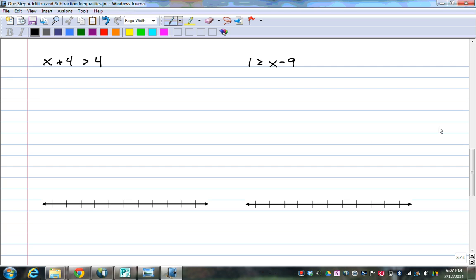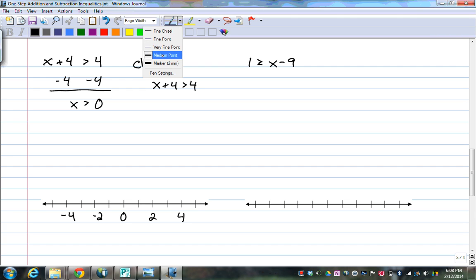Okay, for this one, subtract 4 from both sides. And x is greater than 0. My number line, 0, 2, 4, negative 2, negative 4. For my check, I need, x plus 4 is greater than 4. I need to pick something larger than 0.